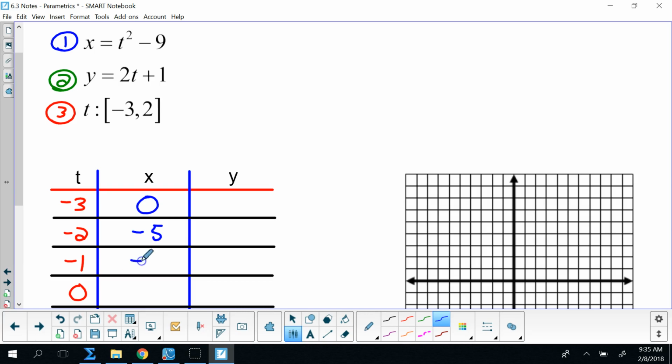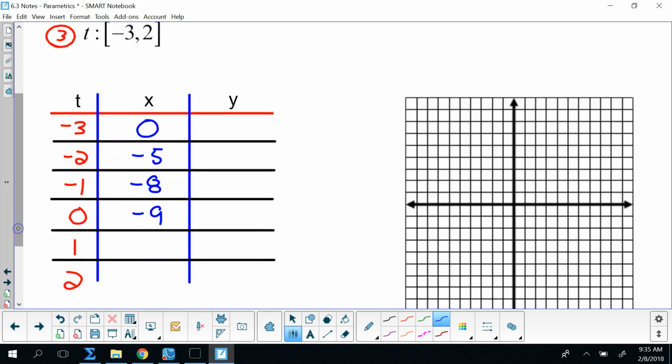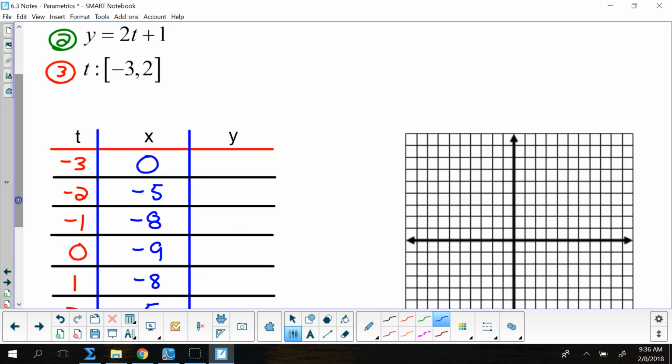Then I'm going to put 0 in. Negative 9. Then I'm going to put positive 1 in. Then I'm going to put positive 2 in. Negative 5.